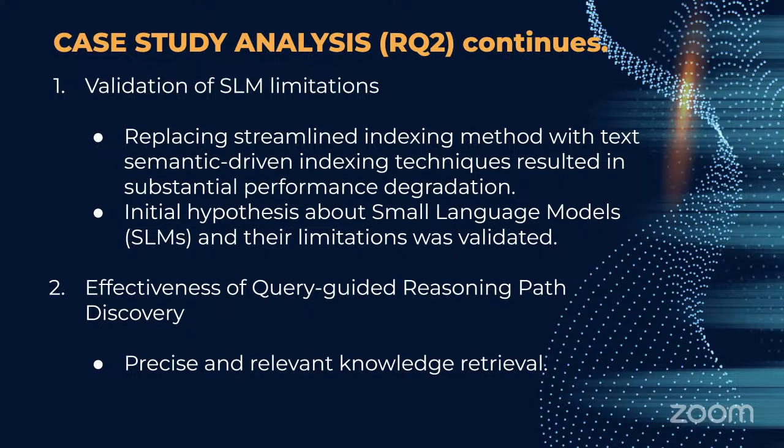Another key finding was that the system performance was impacted when either edge information or chunk nodes were removed. These elements facilitate effective query matching through query-guided reasoning path discovery, while compensating for the limitations of small language models during the data indexing phase. Next slide, please.